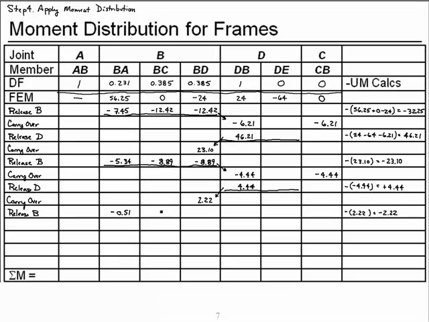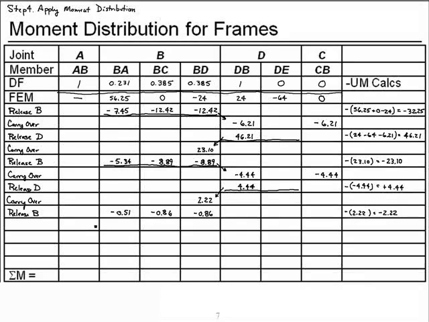I take this quantity times the distribution factor, and I distribute a negative 0.86 foot kips to member BC. And I take this quantity times the distribution factor, and I distribute a negative 0.86 to member BD.